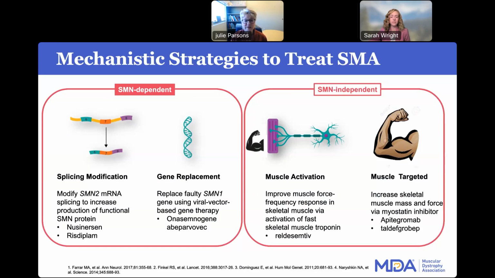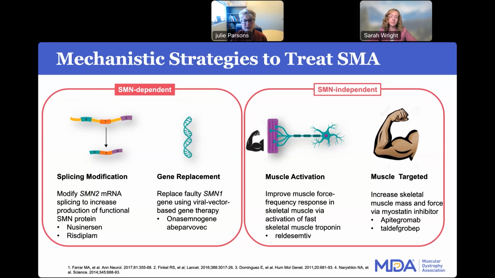First, the SMN-dependent treatments, including splicing modification, where we modify the SMN2 messenger RNA to increase the amount of functional protein that is produced. Those are the agents nusinersen and risdiplam. We also have gene transfer or gene replacement therapy, using a viral vector-based gene therapy to replace the faulty SMN1 gene, and that's onasemnogene abeparvovec.